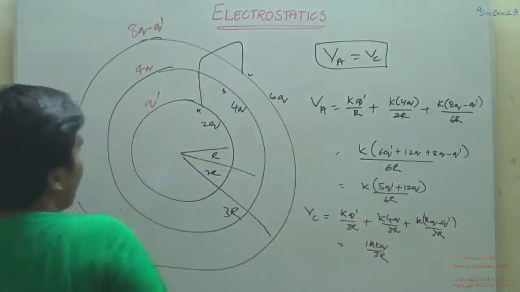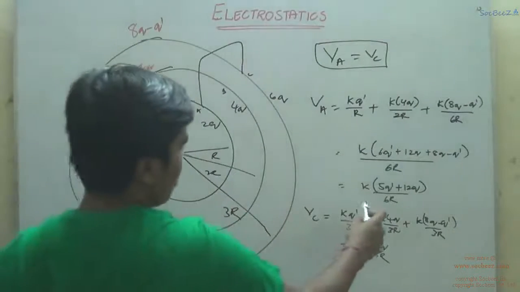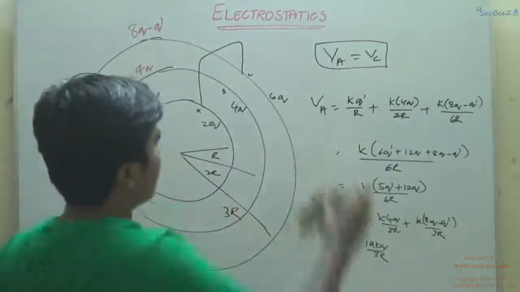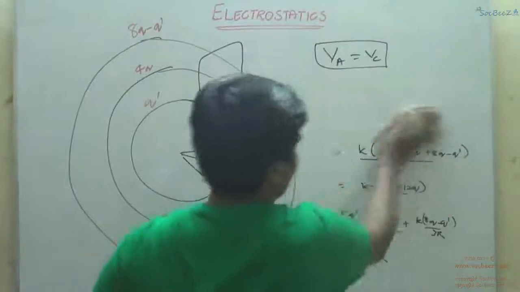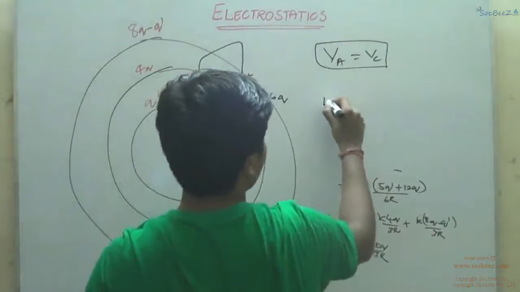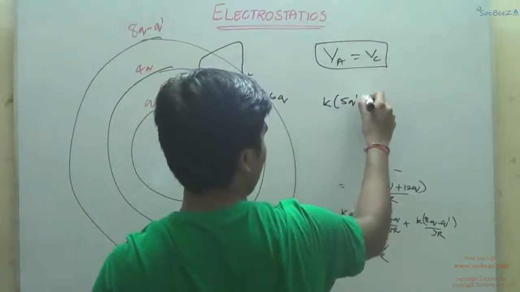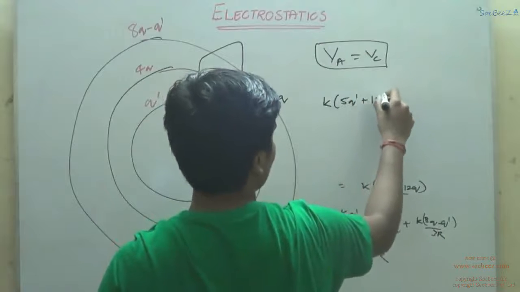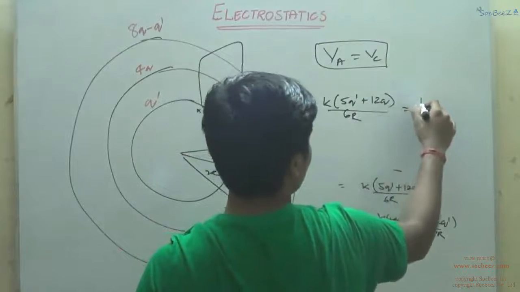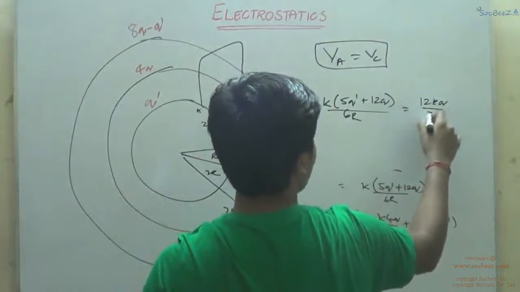Which basically means that k times 5q dash plus 12q by 6r should be equal to 12kq by 3r.